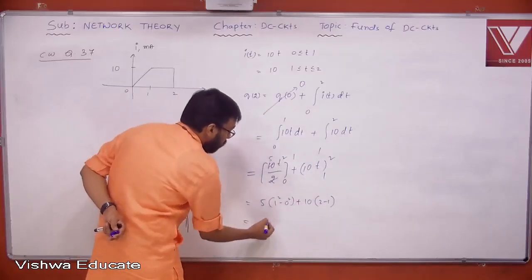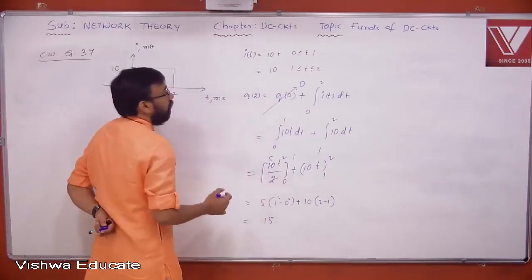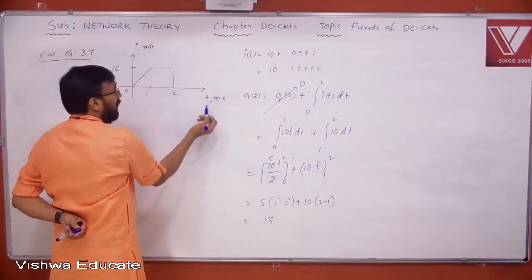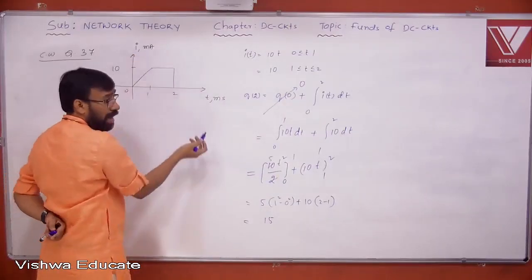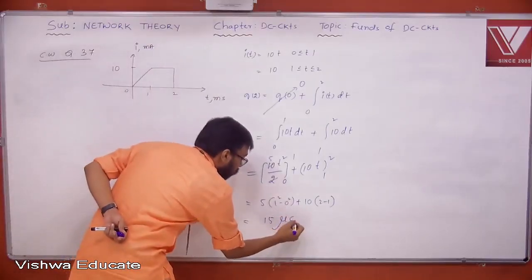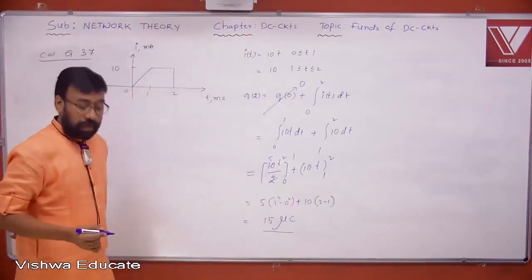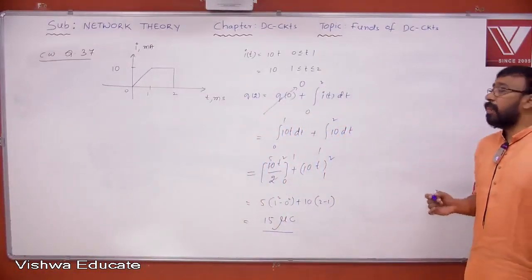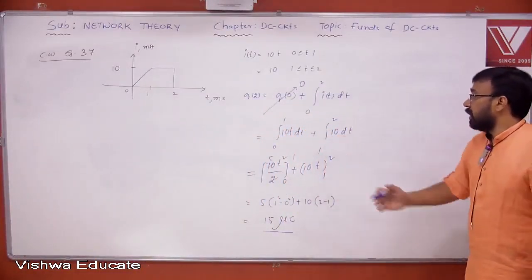So this is 5, this is 10, then 15. But 15 what? Milliampere into millisecond. What is actually charge? Charge is nothing but current into time. Milliampere into millisecond will give you microcoulomb. Understand all of you, okay? Milliampere into millisecond will give you microcoulomb. You got this answer.